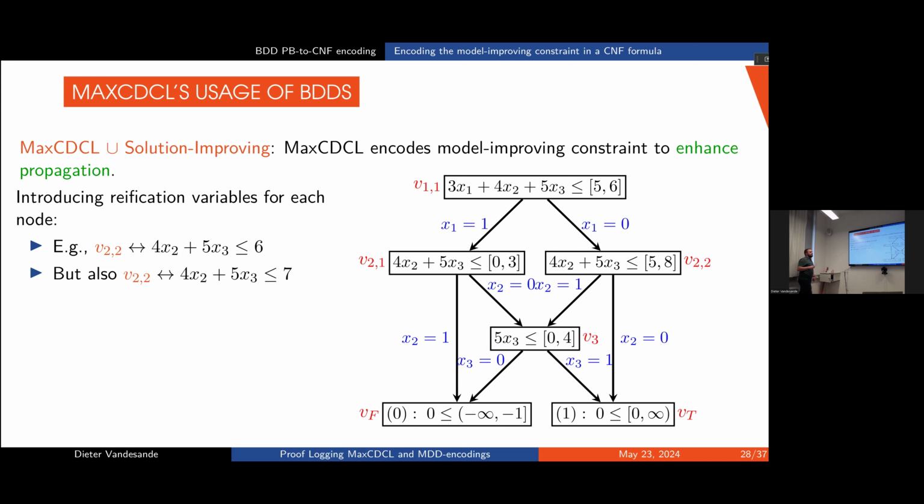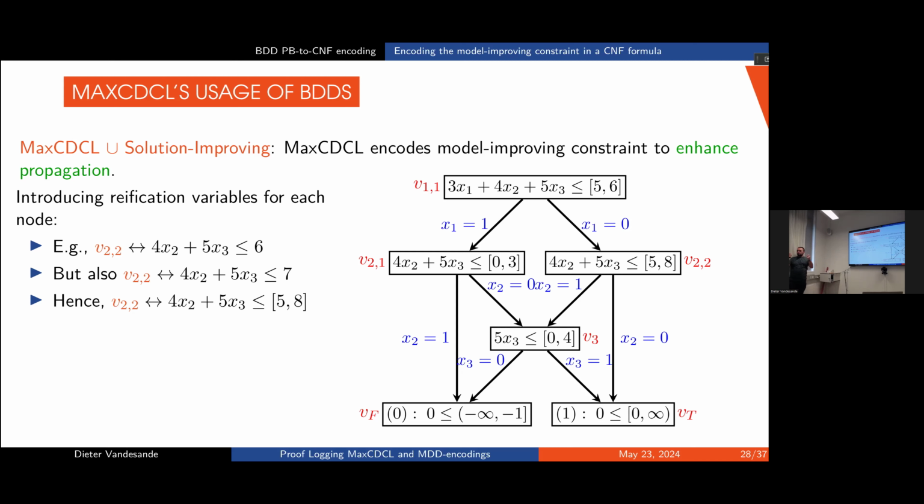But that's also actually the case for ≤ 7, because you cannot get a combination of the weights of these literals that's equal to 7. So we can actually say that this constraint has 5 as the lower bound and 8 as the upper bound.